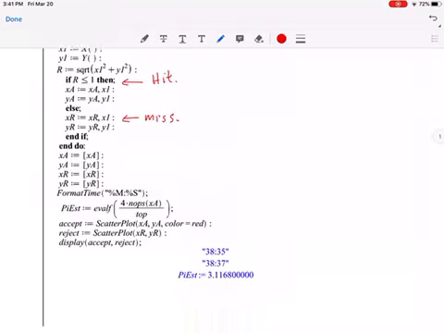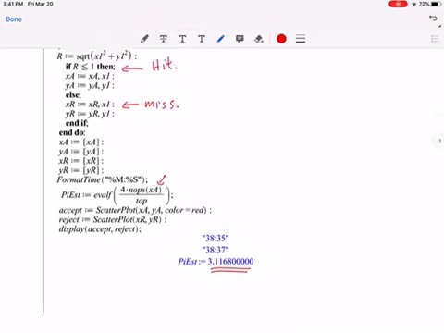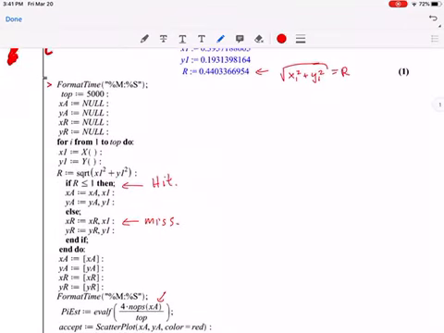And so this code then goes and calculates the number of hits divided by the number of trials times 4, and that's our estimate of pi. And this was an estimate of pi of 3.12 for n equals 5,000 trials.